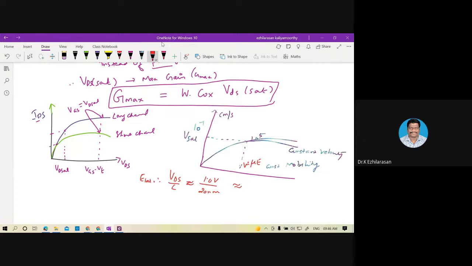Then your electric field will be 5 into 10 to the power of 5 volt per centimeter. As you know, the drift velocity Vd is equal to mu into E lateral. The velocity is the mobility of the electron multiplied with the E lateral. That is the value. In this way, we can calculate the velocity saturation.